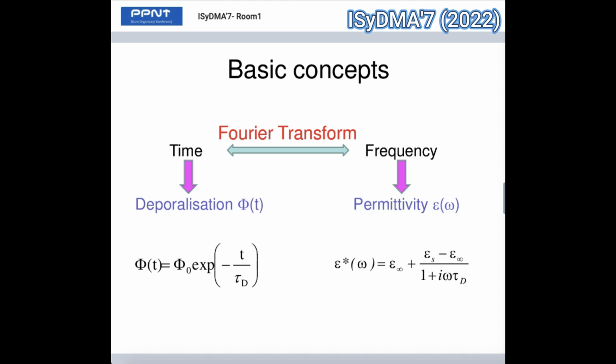And here we have the relaxation time. This is exactly the case that we see in the frequency domain that corresponds to this case in the time domain. That is, if the depolarization is exactly an exponential, we have in the frequency domain exactly this function that describes the behavior of the permittivity.